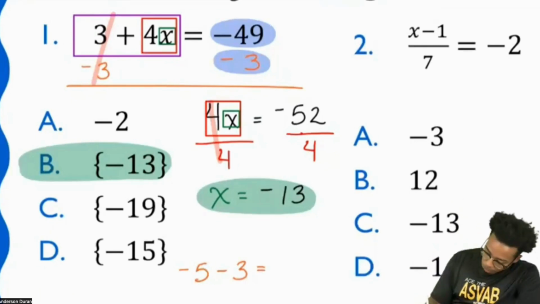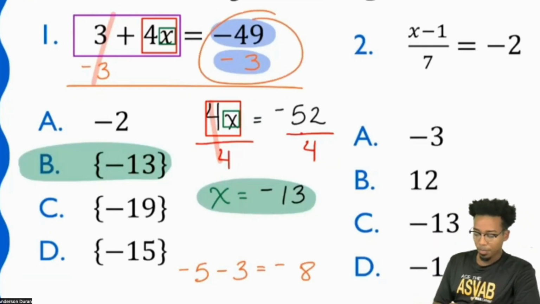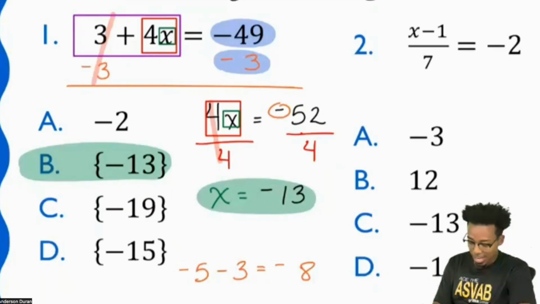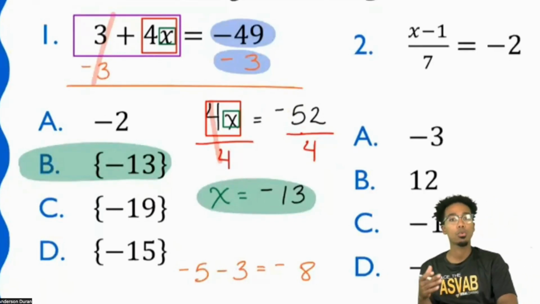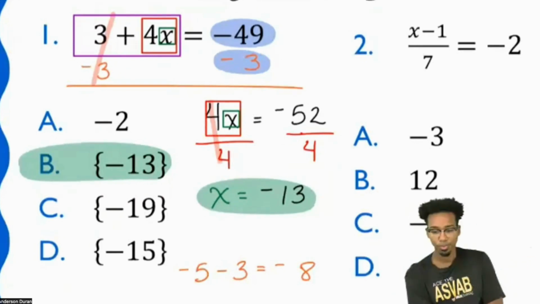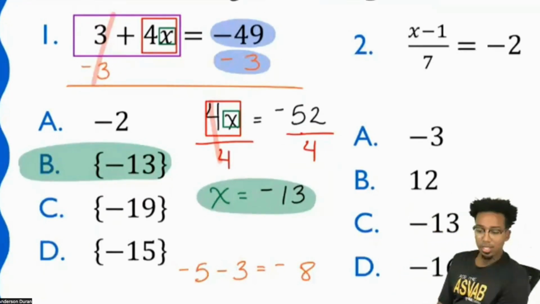So in total, I took away 8, which is negative 8. Same thing here. I took away 49, then I took away 3 more. So that's a total of taking away 52, because 49 plus 3 is 52, but negative 52. So hopefully that sounds good, Maria.